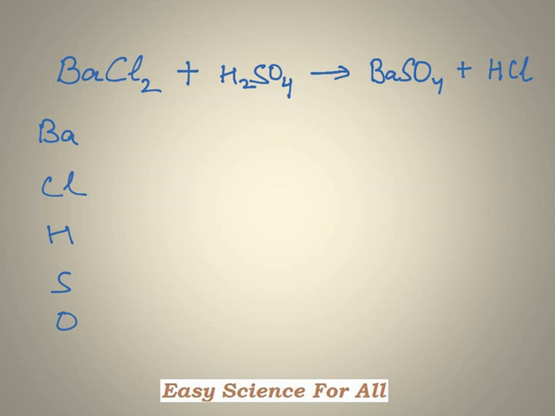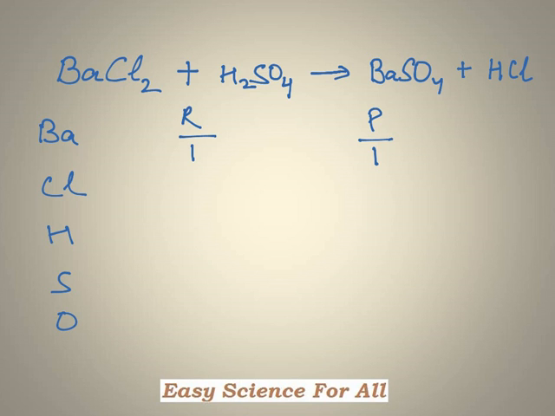In second step, count the number of atoms of each element that are present on the reactant side as well as on the product side. From the reaction equation, we can see that barium has one atom on the reactant side and one atom on the product side.